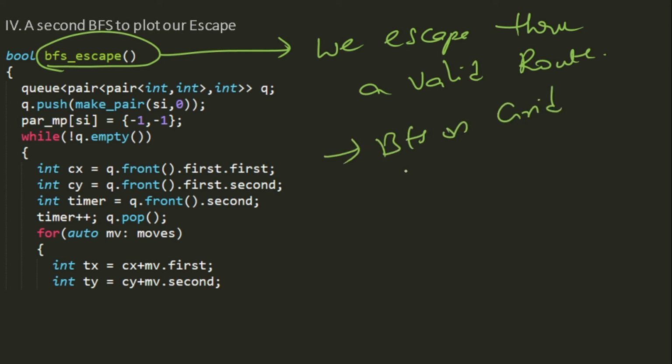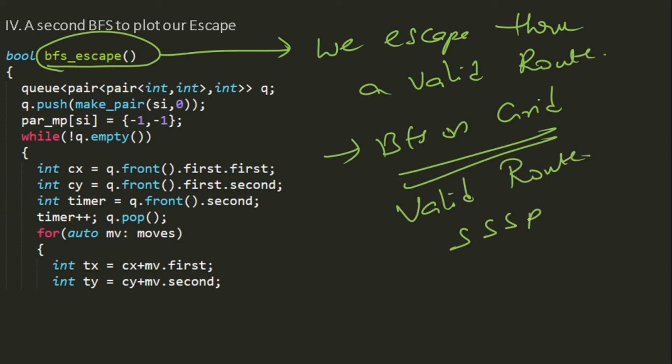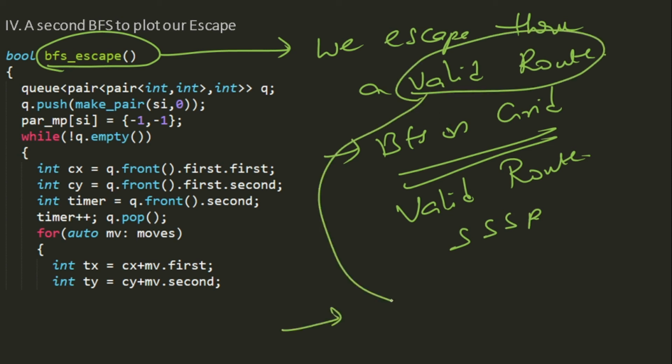What did we do? We chose a valid route and we determined the single source shortest path. But in this case, whether a cell is valid or not will depend on the time. That's why in this problem, we'll keep incrementing the timer and we'll be checking if the given cell is valid or invalid based on this timer.